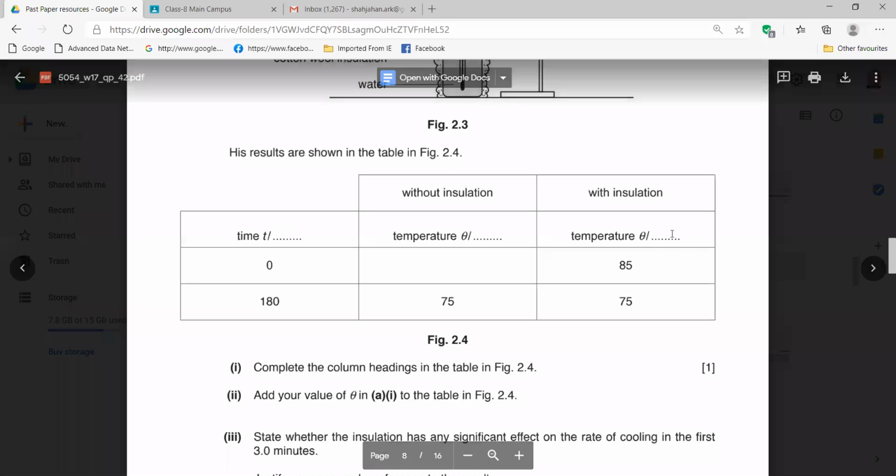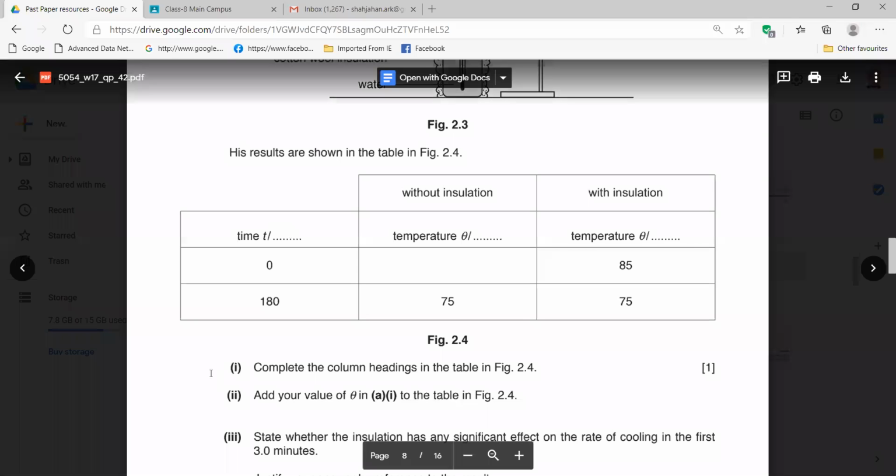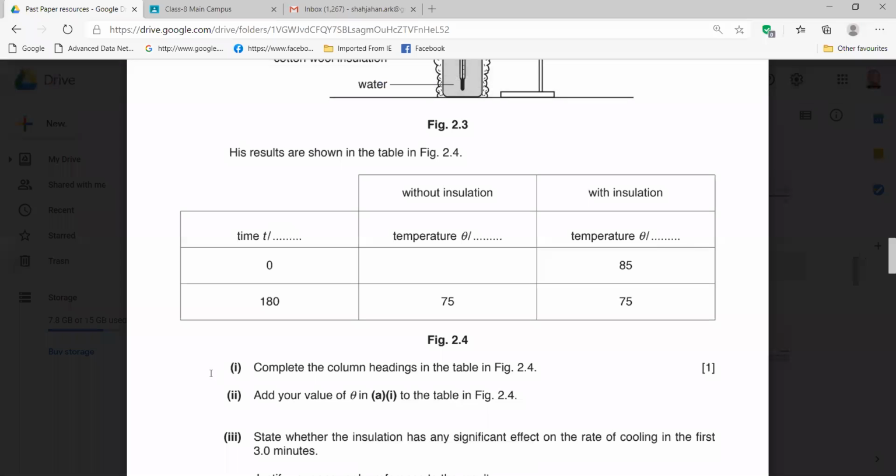Here it is temperature, degree Celsius, and here time, second. Now it is clear? Yes, sir. With insulation is also degree Celsius, right? Yes, temperature is measured here in degree Celsius. That's why both are the same.